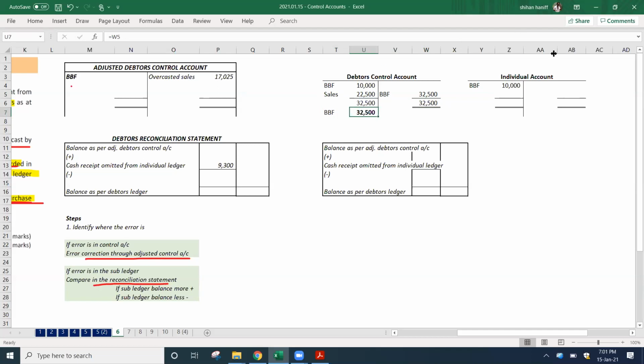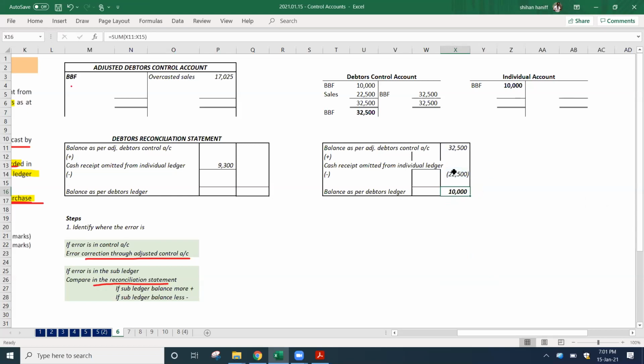But individual account we can't correct it. Now what is the control account balance? 32,500. How do you get this? Plus or minus? Tell me plus or minus? Once you correct it in the control account, is it a plus or minus? It's a minus. 22,500 should be minus. Then only you will get the answer 10,000.